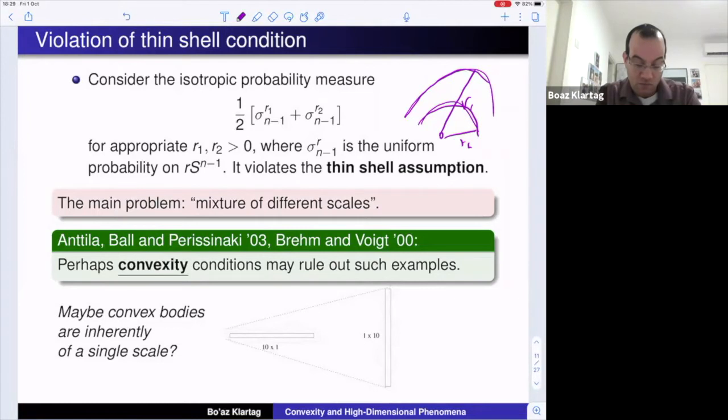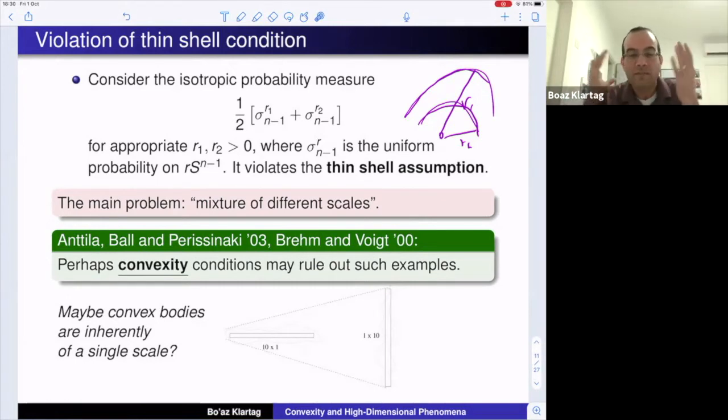And some 20 years ago, there was a conjecture by Antilla, Ball and Perissinaki and by Bobkov and Koldobsky, that perhaps a good way to rule out such examples is to make some convexity conditions. So maybe you could say that convex bodies in high dimension are inherently of a single scale, that you cannot have this example of two spheres of very different radii that each capture a large part of the convex set.